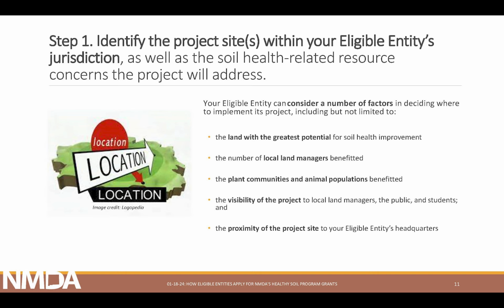Once you've identified sites, you also want to start to look at those soil health related resource concerns that your project will address. You as the eligible entity can consider a number of factors in deciding where to implement your project.